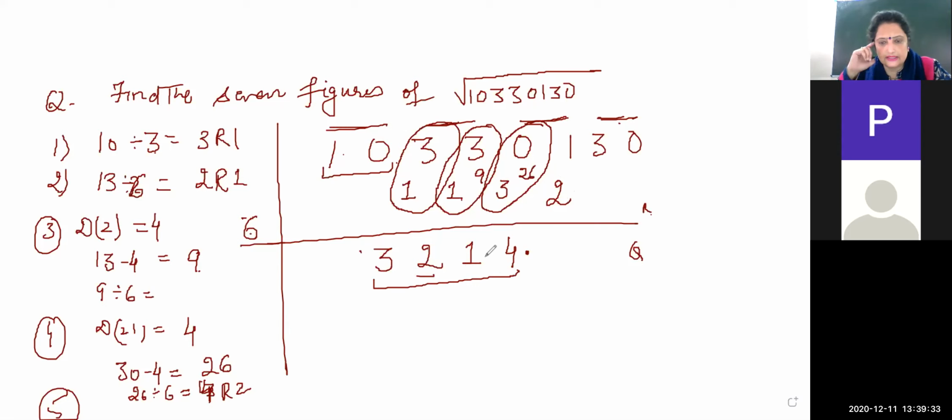So next in the category is 21. Now what will you do? Now this is the duplex step of number 4. In this case, you will find the duplex of 214.